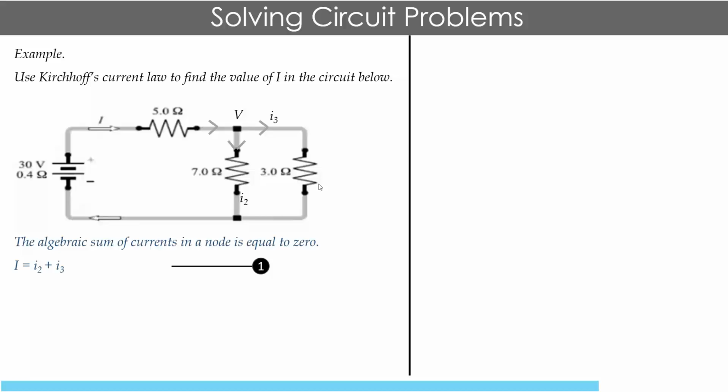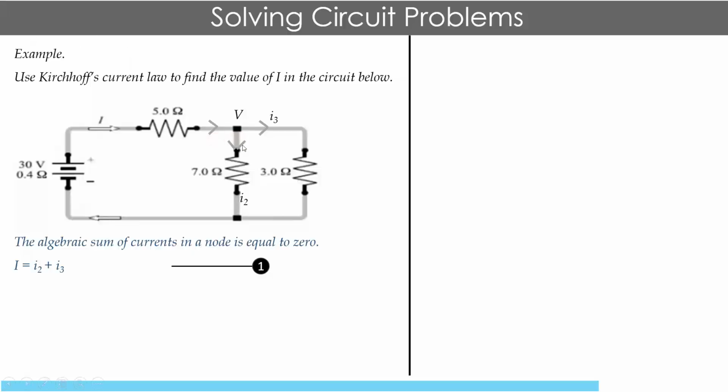But in terms of current, the same current passes through resistors in series, but that's not the case for current when the resistors are connected in parallel. There's a split. As you can see, the current splits into two here.